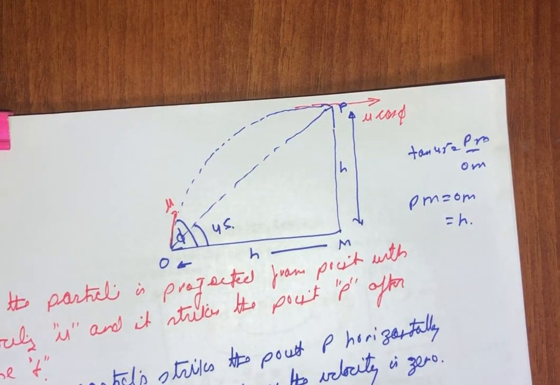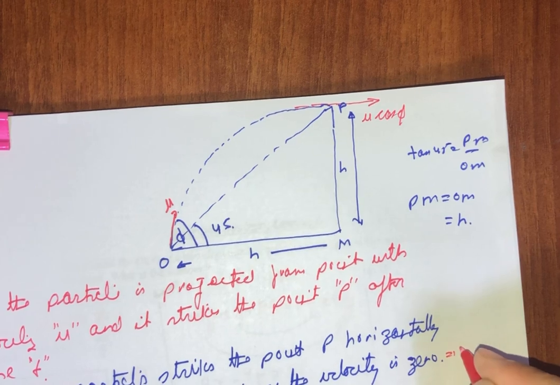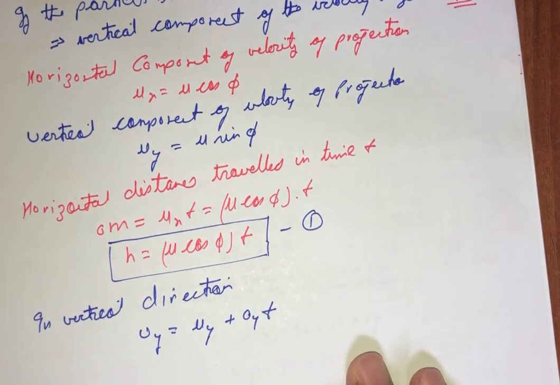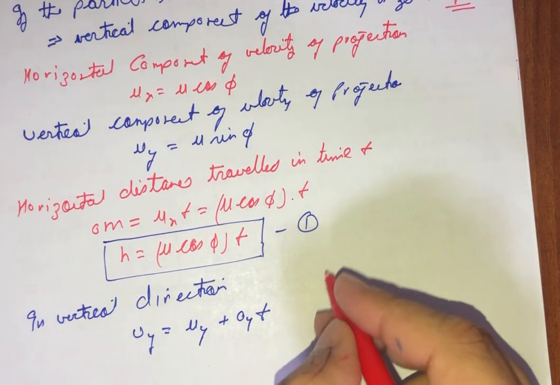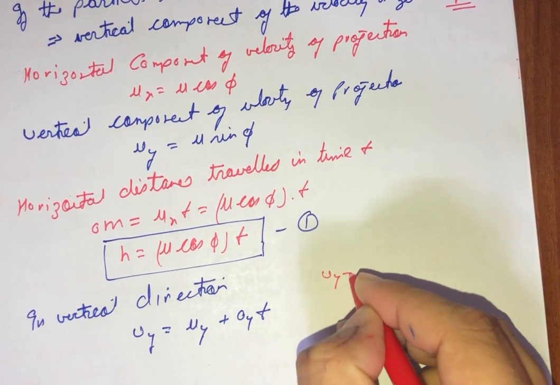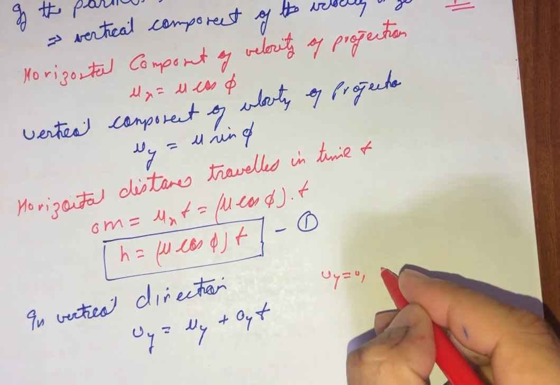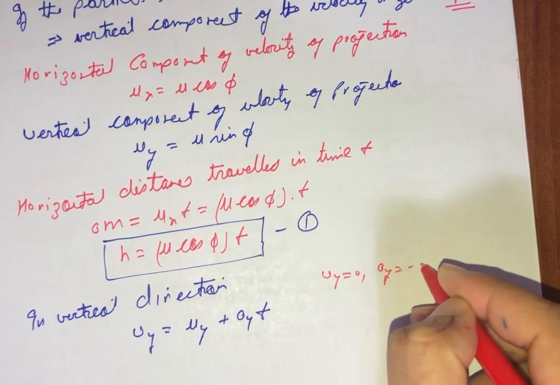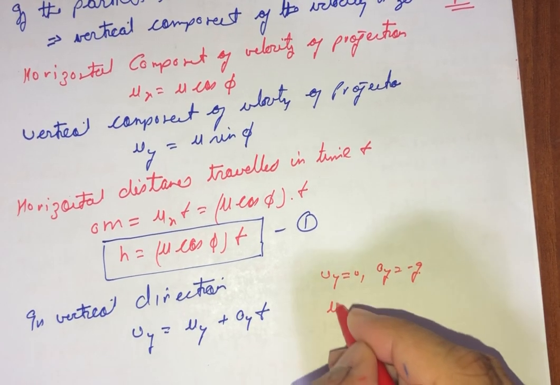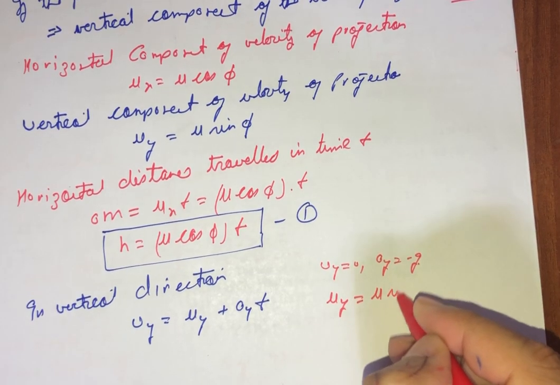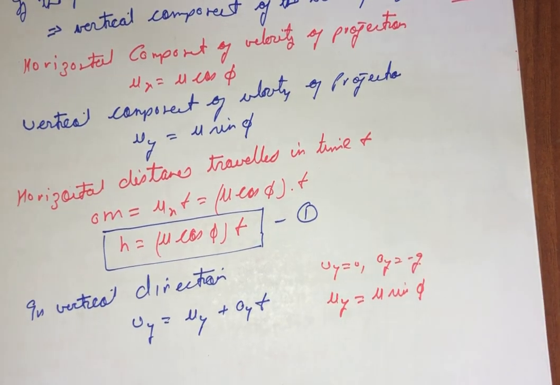So Vy is equal to 0, ay is equal to minus g, and uy is equal to u sine of phi.